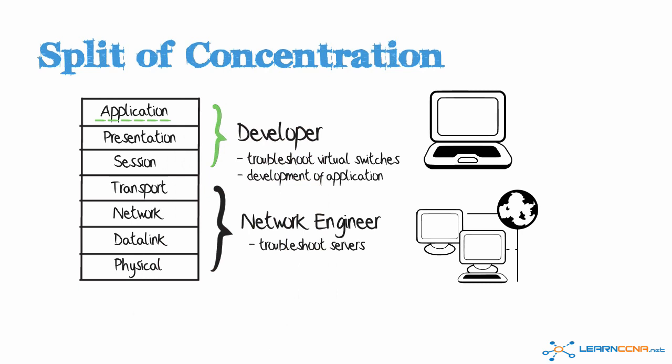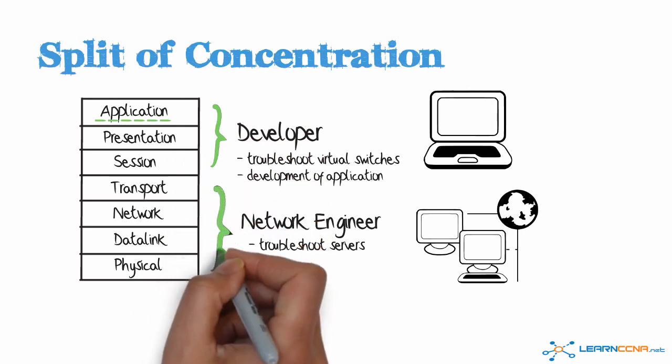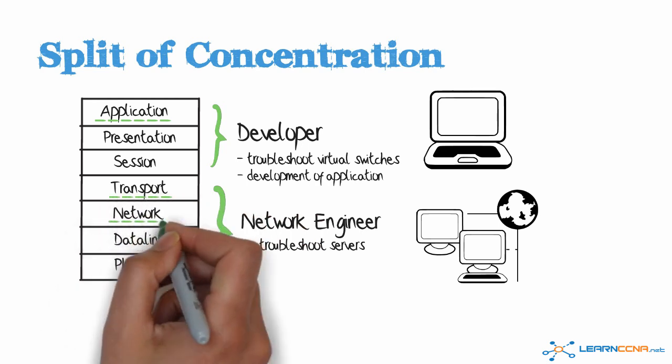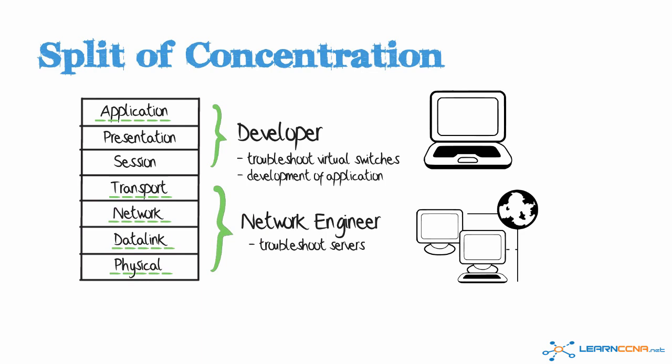Network engineers concentrate in most cases on the lower 4 layers of the OSI model, and hence that is the focus of this course. We're going to concentrate mainly on the transport, network, data link, and physical layers. In other words, layers 1, 2, 3, and 4.